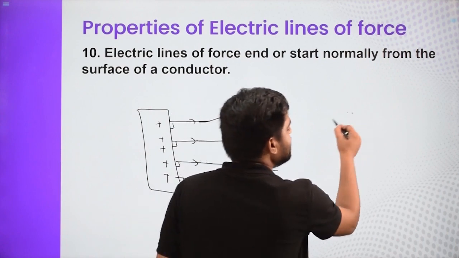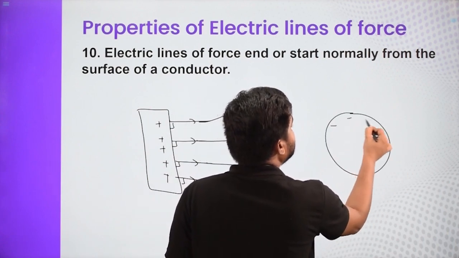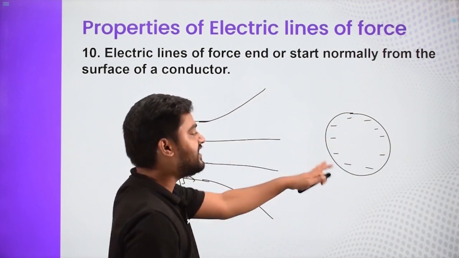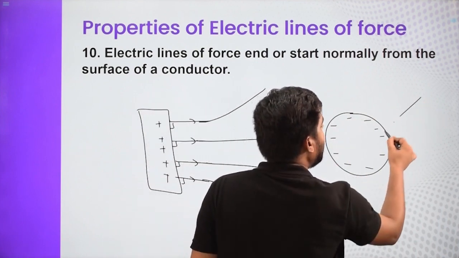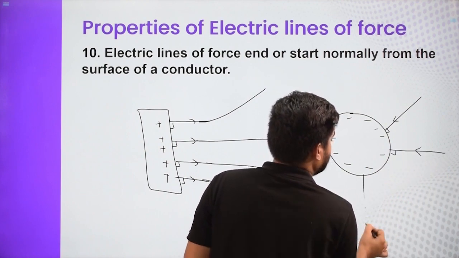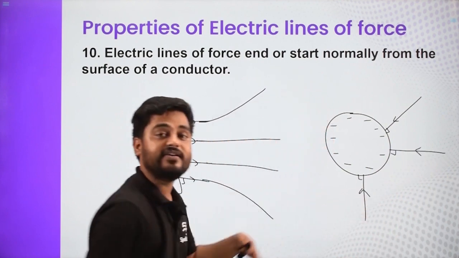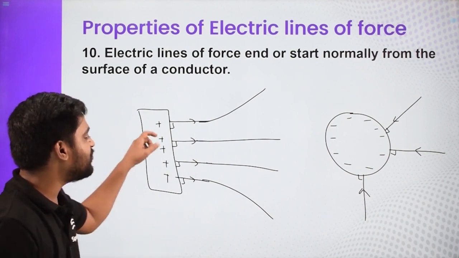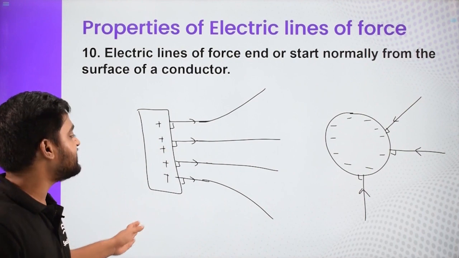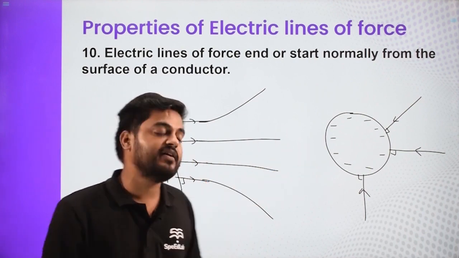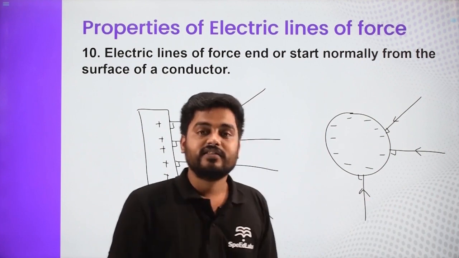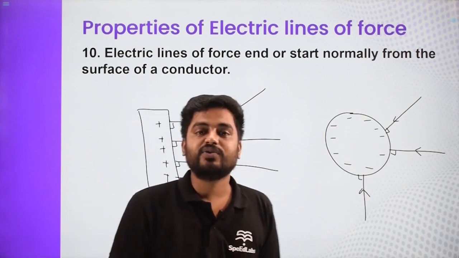And if it is a sphere having a negative charge, then here this is a conductor surface having negative charge, so field lines will enter, but again this direction also has to be perpendicular. So this is how field lines have to enter or exit. They always have to be perpendicular to the surface. If it is a positively charged surface, they exit in a perpendicular manner, and if it is a negatively charged surface, they enter with their direction perpendicular to the surface.